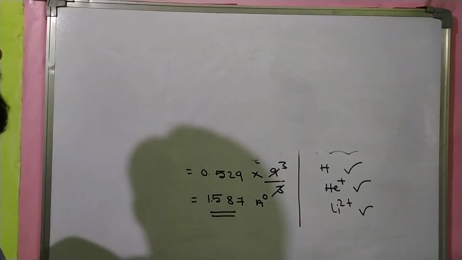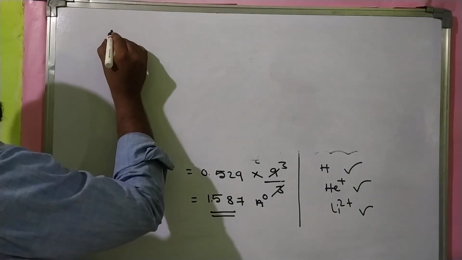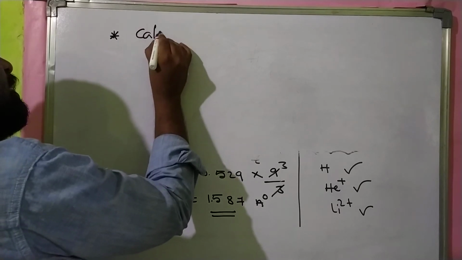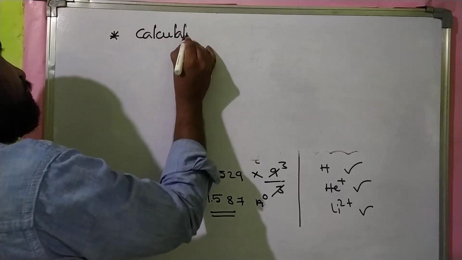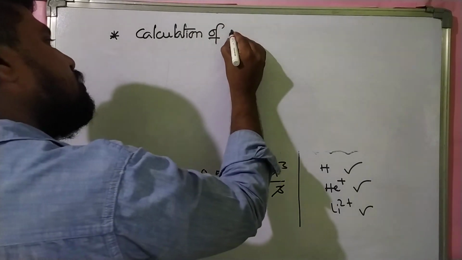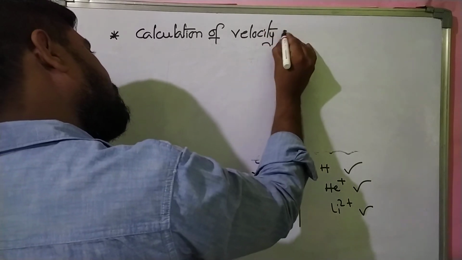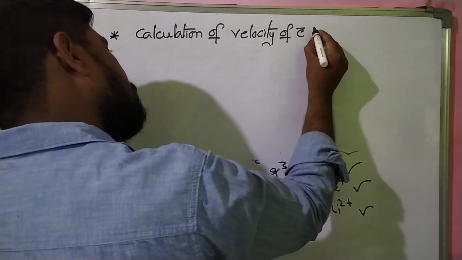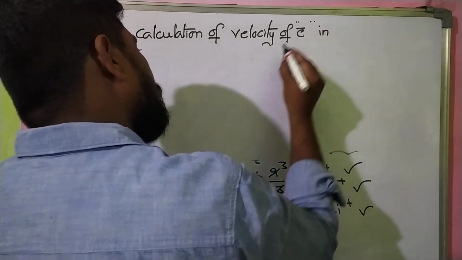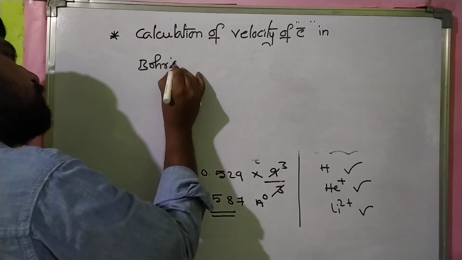The next mathematical expression is the calculation of the velocity of electron in Bohr's nth orbit.